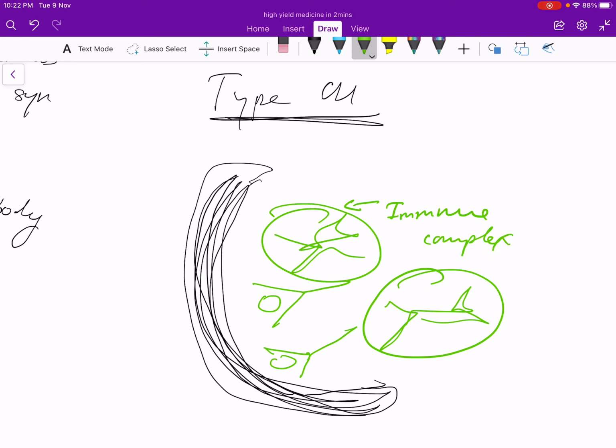Suppose there's an exposure to an antigen, and then there's formation of antibodies to that antigen, and then these antigen-antibody complexes aggregate in a place, and that place could be the renal glomerulus or any other place.